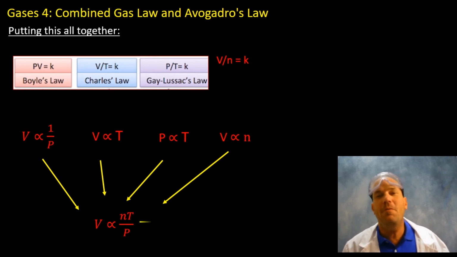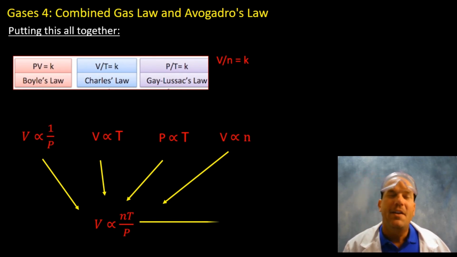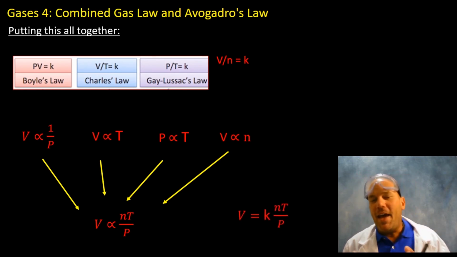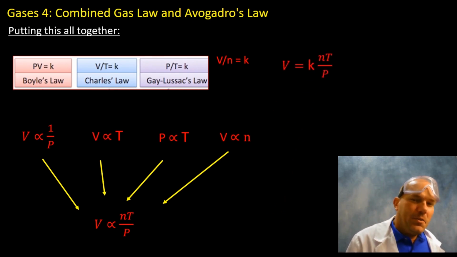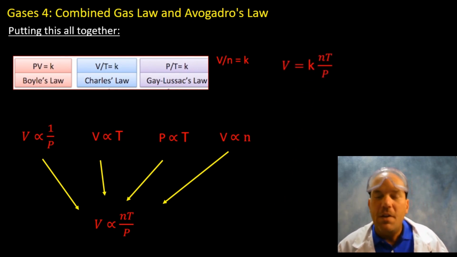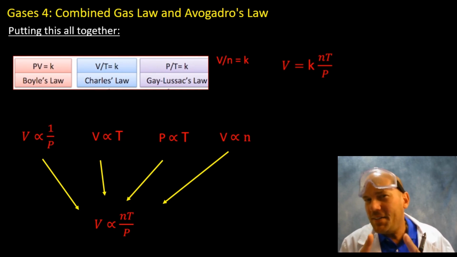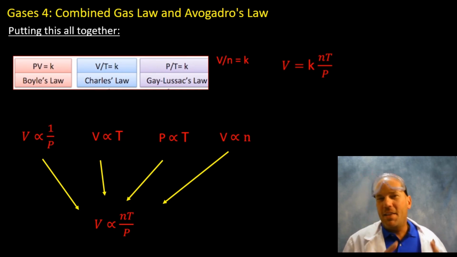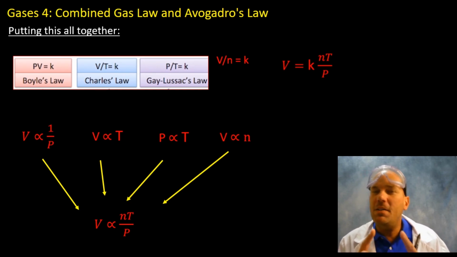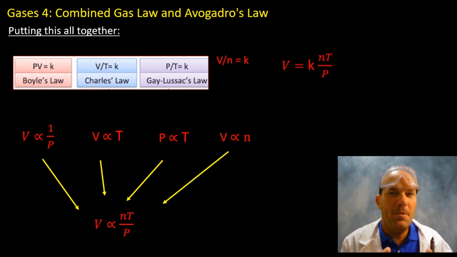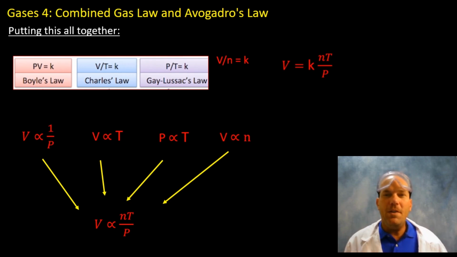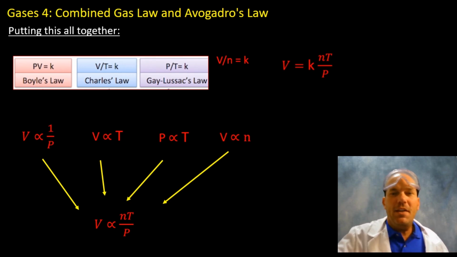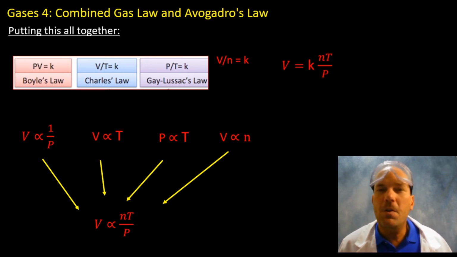So let's take it one step further here. Let's say that the volume is now equal to some constant, and that multiplied by the product of moles times temperature divided by pressure. So all I've done here is I've taken into consideration that all 4 of these are equal to a constant.